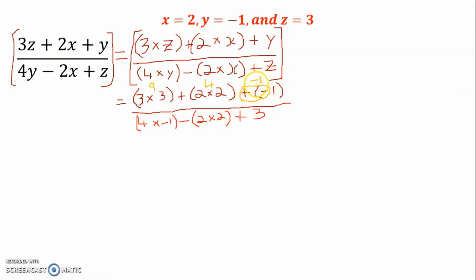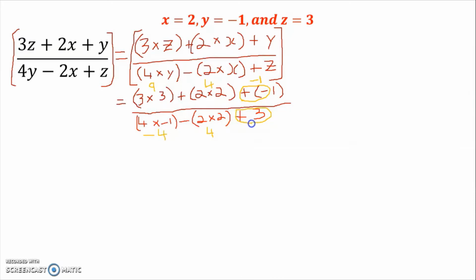A positive times a negative gives you a negative. Then we have 4 times negative 1. That gives us a negative number. 4 times 1 is 4, so we get negative 4. Then 2 multiplied by 2 is 4, and then bring down the plus 3.